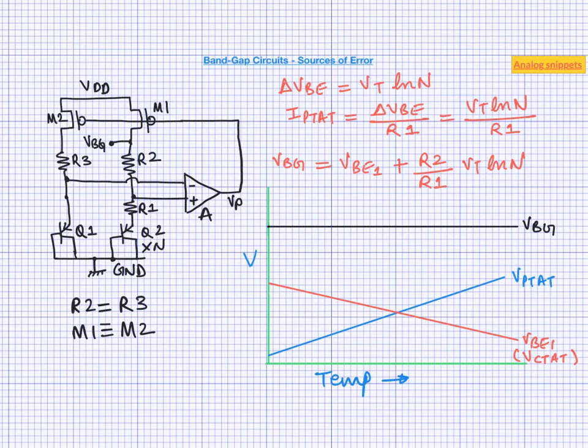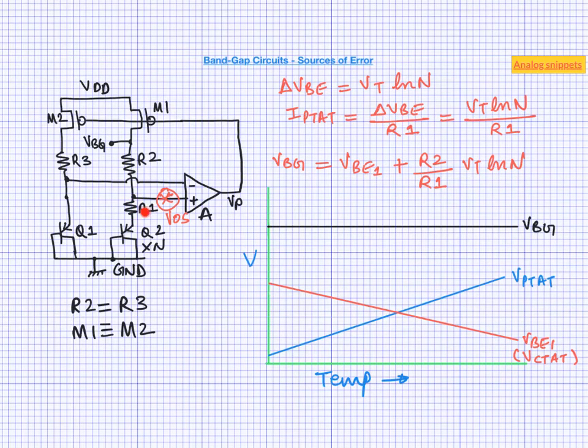Now let's look at the most dominant of these effects, which is the input referred offset of the amplifier. In fact, BJT mismatch and some part of PMOS mismatch can also be clubbed together with this input referred offset. This input referred offset can be thought of as in series with one of the VBE, and its polarity is not important because it can be either positive or negative, as it's a random quantity.